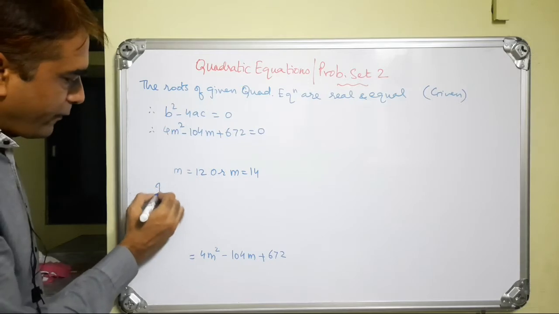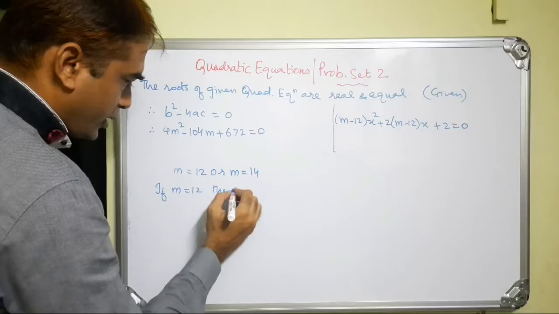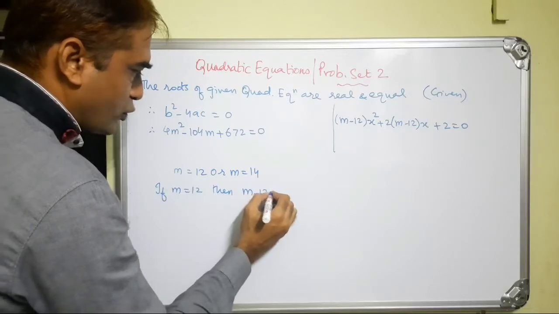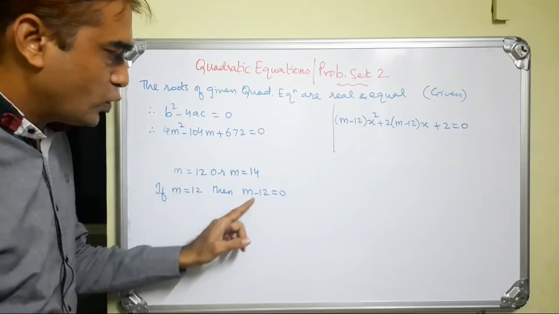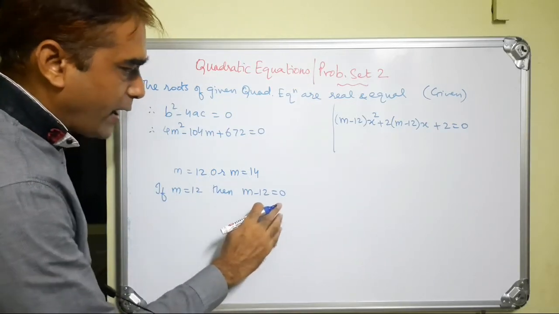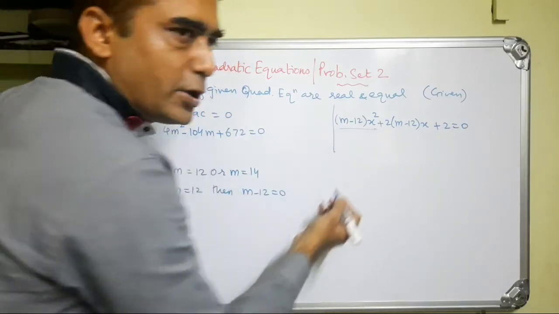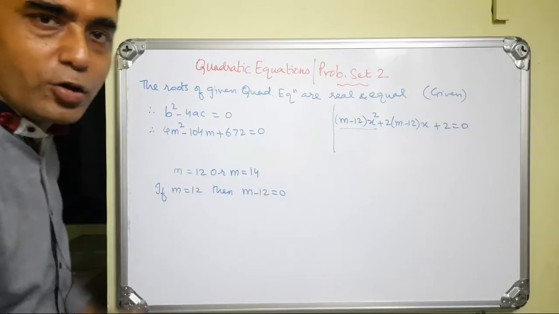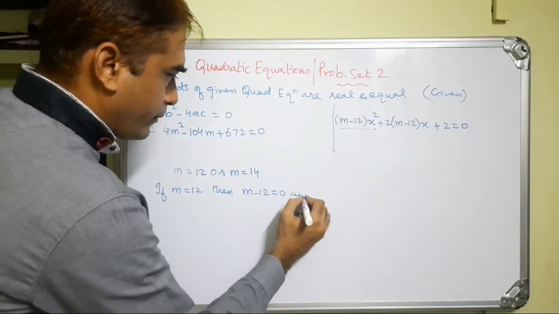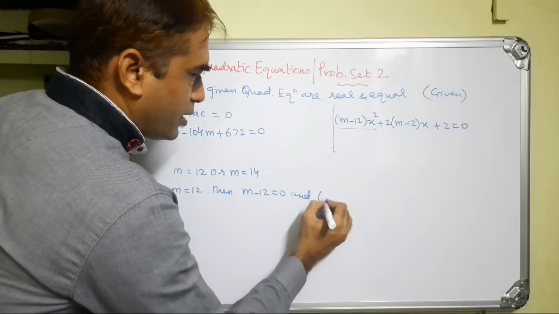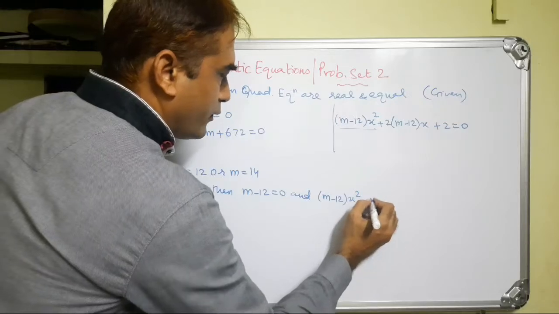Now if m equals 12, then m − 12 equals 0, transferring 12 on the left side. So m − 12 is 0, and if m − 12 is 0, then this whole first term will be 0 and the equation will not remain a quadratic equation. Then (m − 12)x² will be 0.